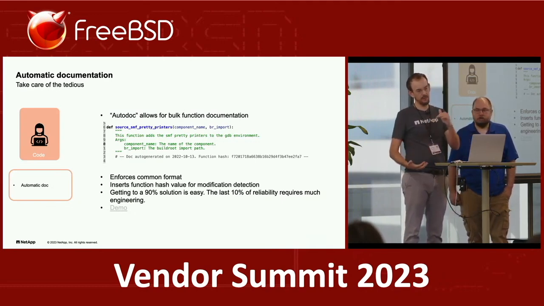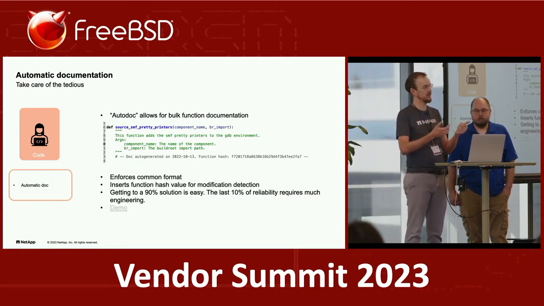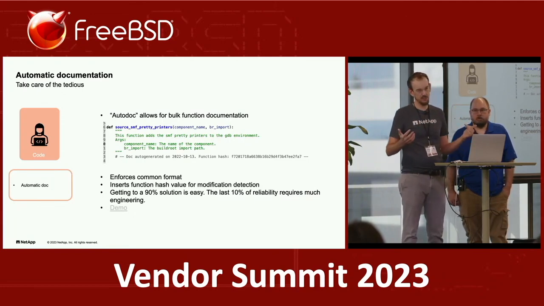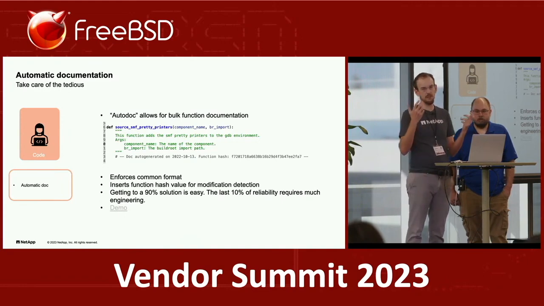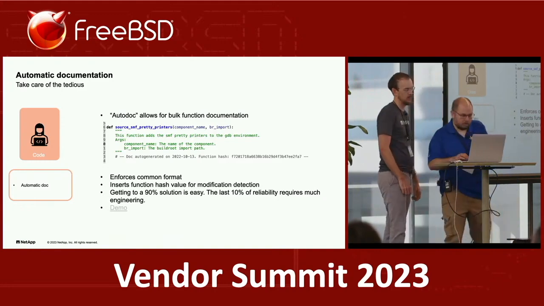And then the tool automatically detects whether the code has changed at all since the last time the documentation was generated. If it hasn't changed, the tool does nothing. If the code has changed, it regenerates the documentation. So it's a cost-effective way to keep your documentation up to date. Okay. I'm going to show it to you.